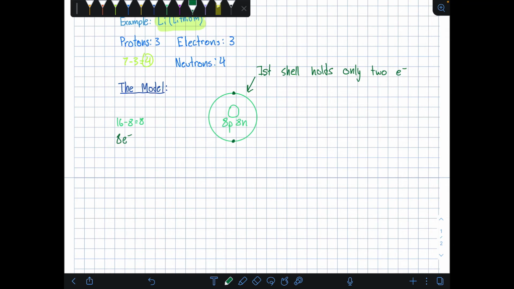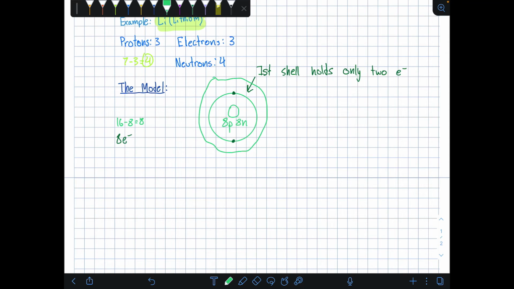Okay, now let's get on to our other electrons. As you know, we have 8 electrons, but we only have 2 in here, so it means we have 6 left. Let's write those other 6, except we can't put them in this shell because this shell only holds 2. So we need another shell. Let's draw this.